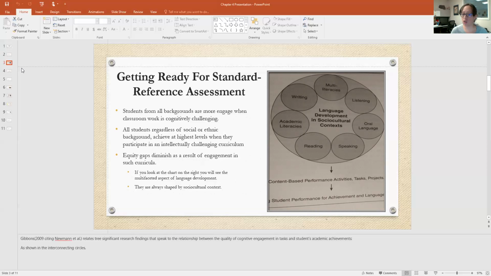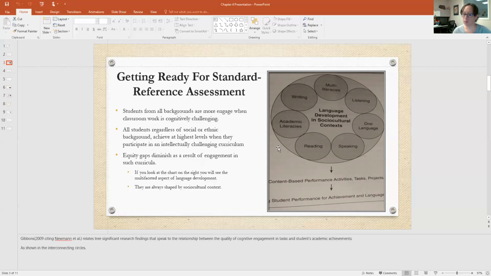If you look at the chart on the right, you will see the multifaceted aspects of language development. They are also shaped by social cultural context. If you look, it says that we should be, first of all, multi literacies. We should also be listening, doing oral language, speaking, reading.